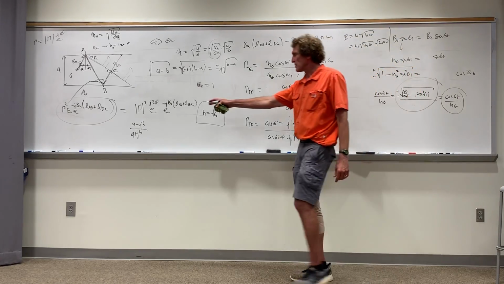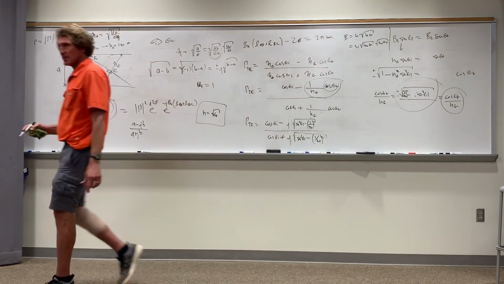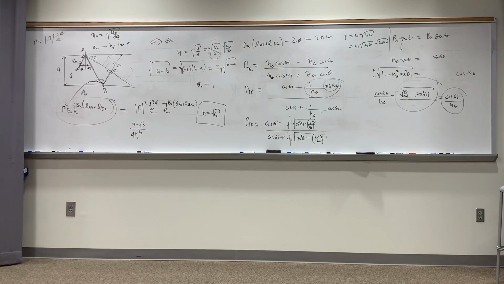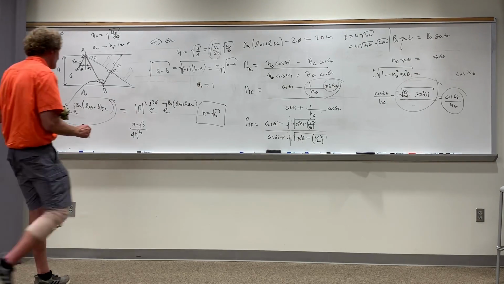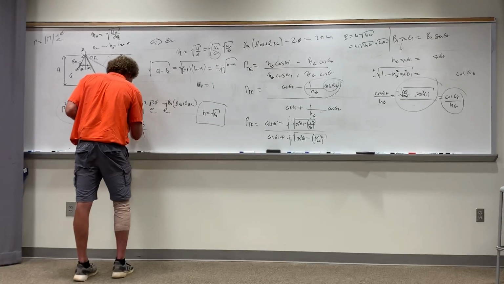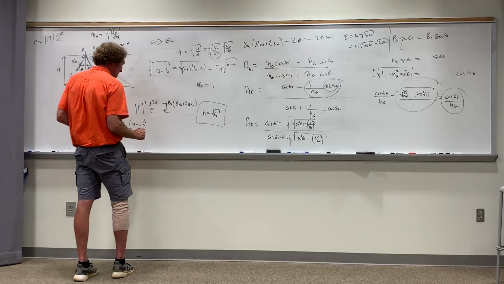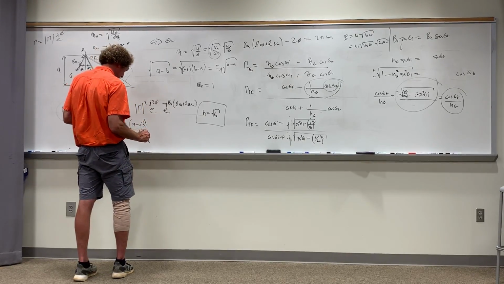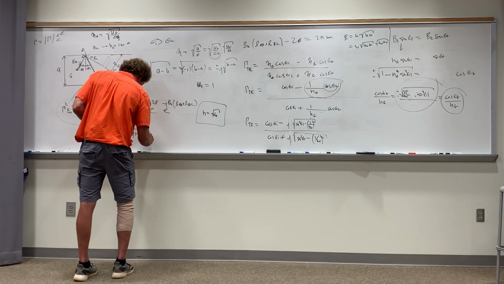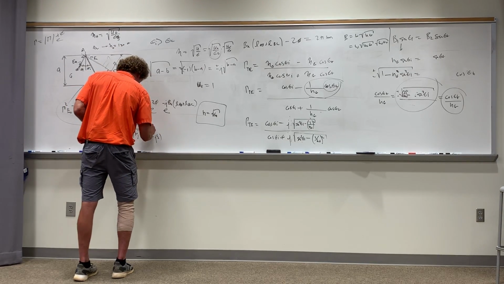Well, if I want the magnitude and phase of that, what do I have to do? There's one singular thing of that a minus jb over a plus jb. Do you remember? Complex conjugate, right? So if I multiply both of these by the complex conjugate, and what would be the complex conjugate of this? A minus jb, wouldn't it?